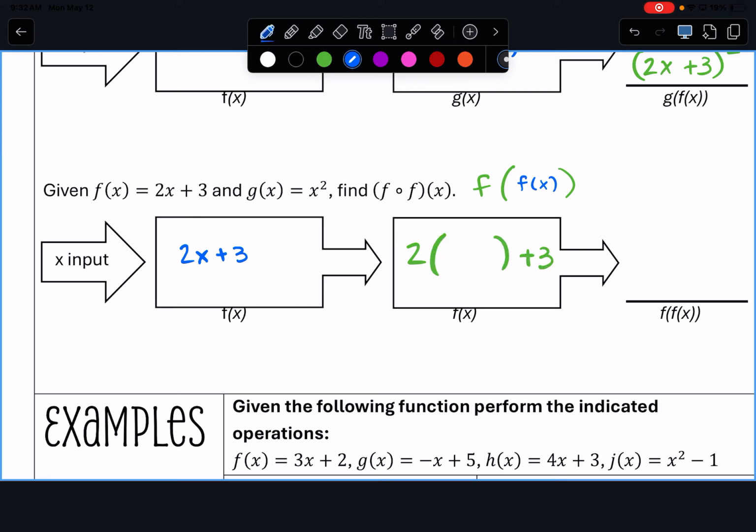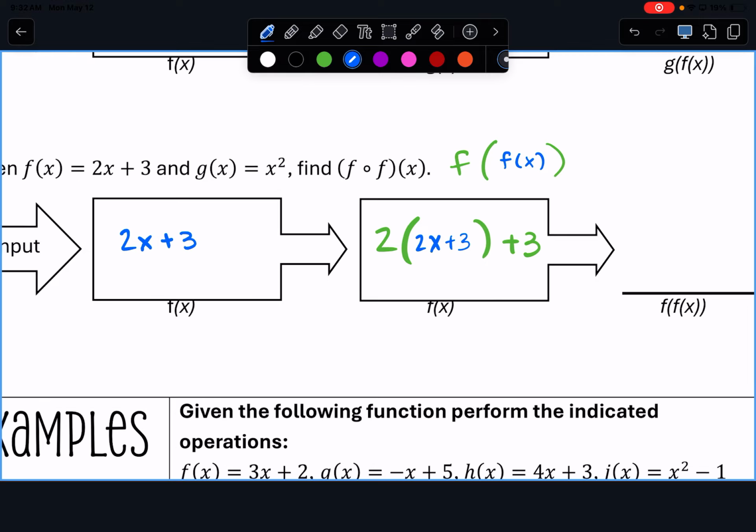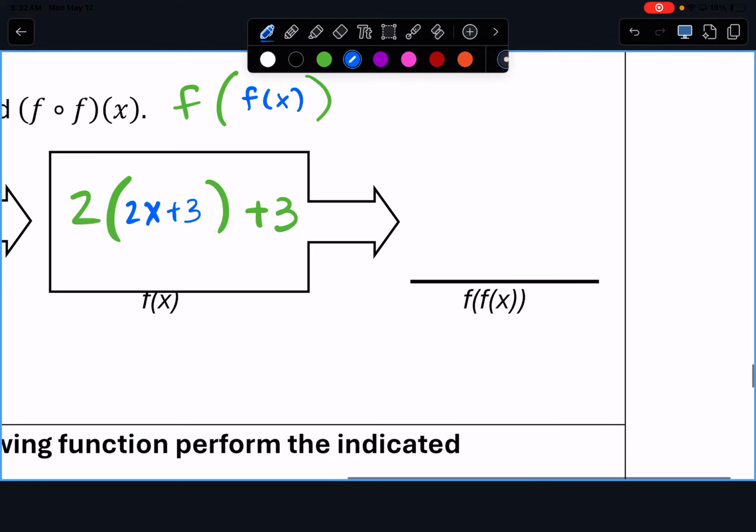But instead of x, I need to put 2x plus 3. To write it as simply as we can, what is 2 times 2x? 4x. 2 times 3 is 6. Then we have plus 3. So we get 4x plus 9. All we are doing is taking a function and plugging in a different one.